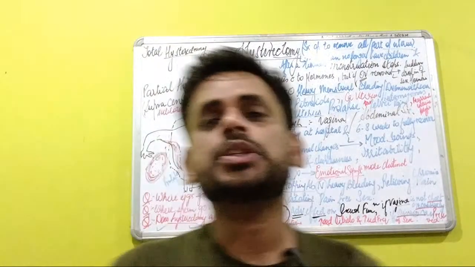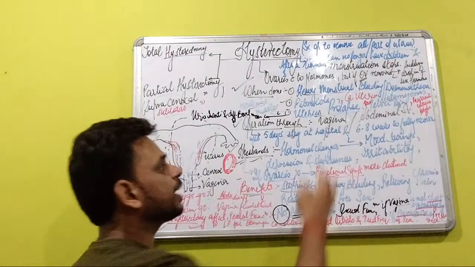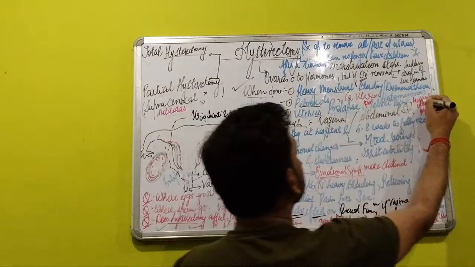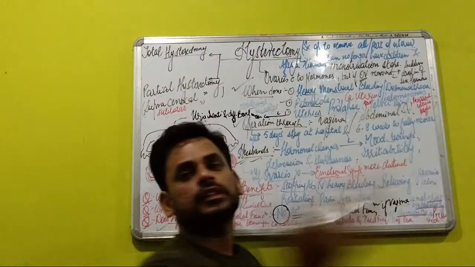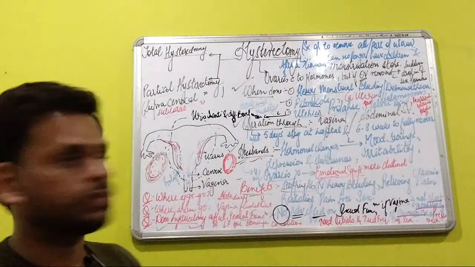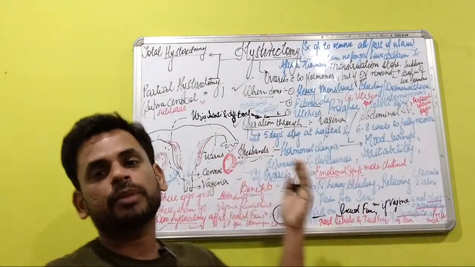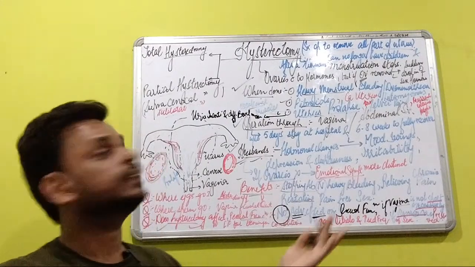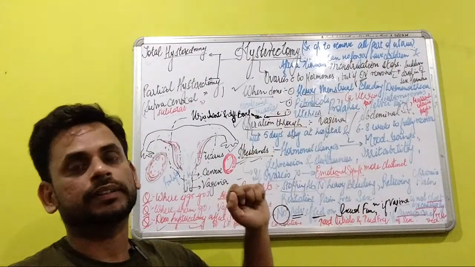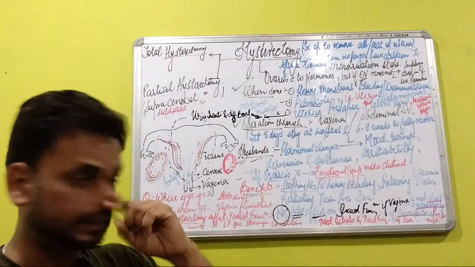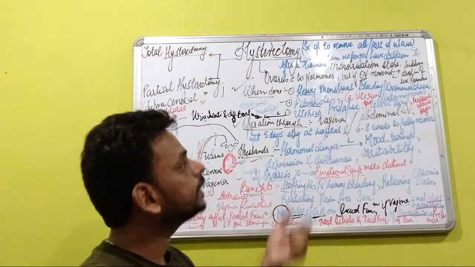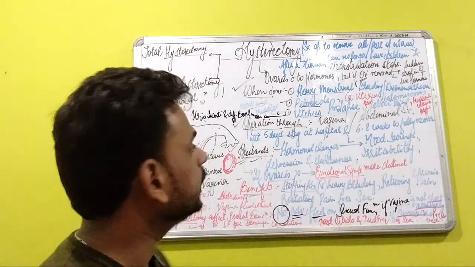In such situations, in cases of fibroids and recurrent uterine polyps, hysterectomy becomes the treatment of choice. Now, apart from this, next very important situation is in the cancer of the uterus. So if it is the CA of uterus, in such situations also doctors mostly go for a hysterectomy.